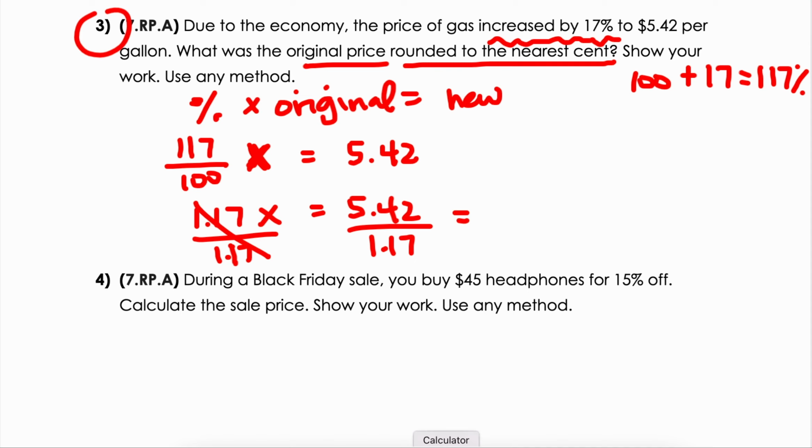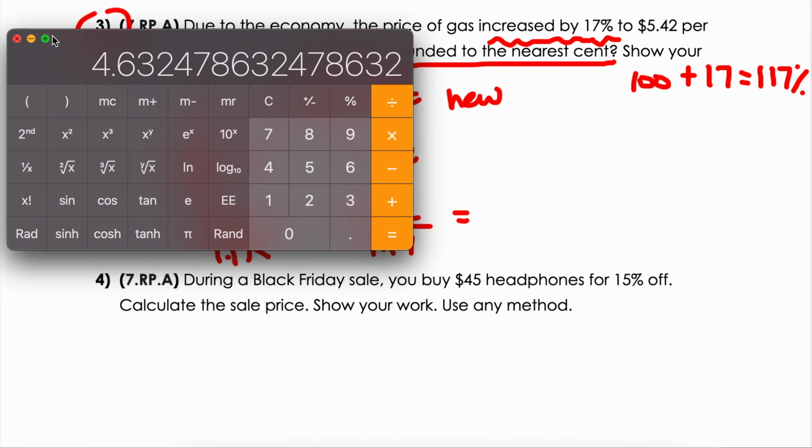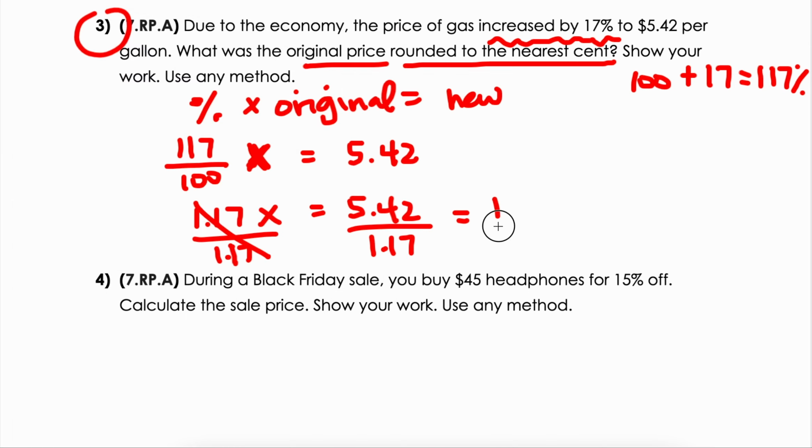So now my answer will be whatever 5.42 divided by 1.17 is, which is 4.6324, and so on. We're going to round to the nearest cent, so it's $4.63. That was the original price of gas per gallon. Increased by 17%, so that's why now it's more expensive at $5.42 per gallon.